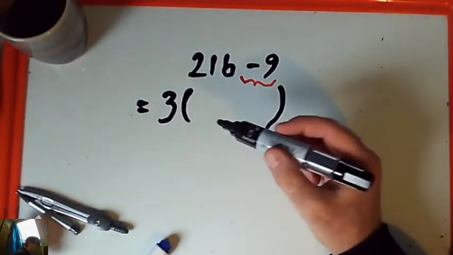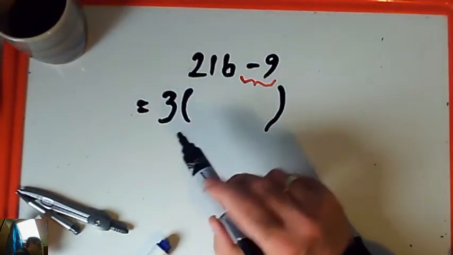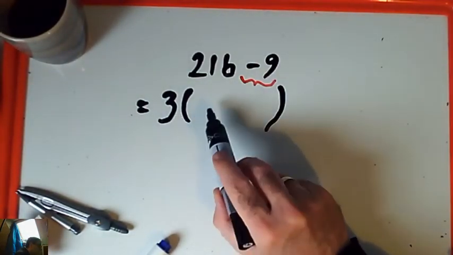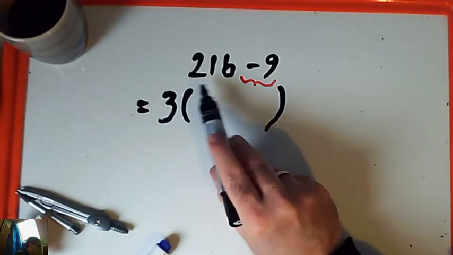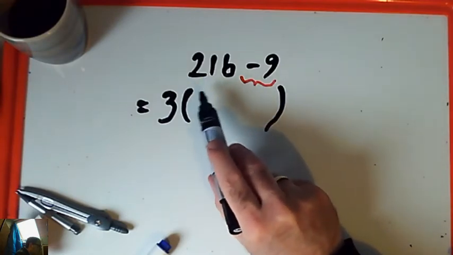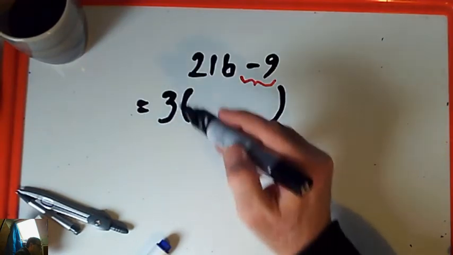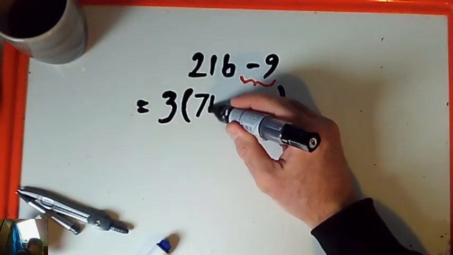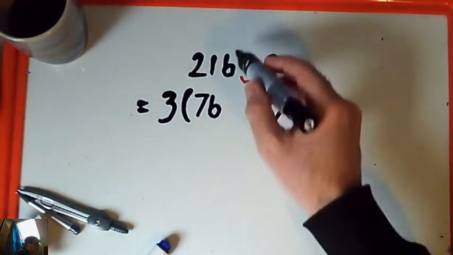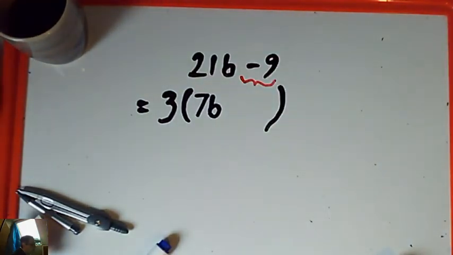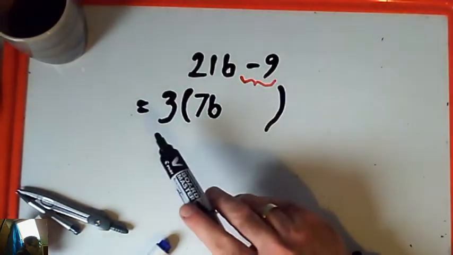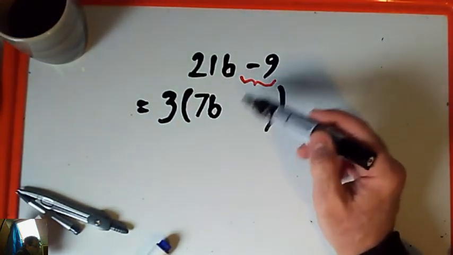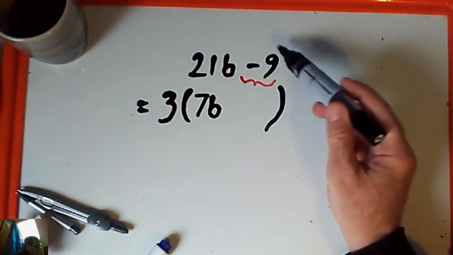So 3 is the number I take outside the brackets, and then I say 3 times what inside the brackets will give me 21b? Well, 3 times 7 will give me the 21, and then 3 times 7b will give me the 21b. Then I need to ask myself the question, 3 times what inside the brackets will give me the minus 9?